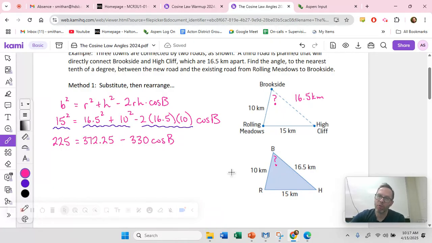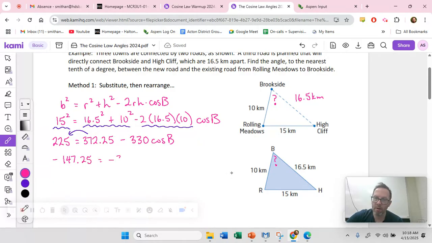Again, you have to be careful here. We can't subtract 372.25 and 330, because the 330 is being multiplied by cosine B. We have to collect the like terms. We move 372.25 to the left and subtract it, so 225 minus 372.25 gives minus 147.25.